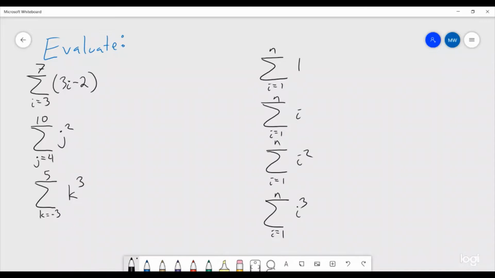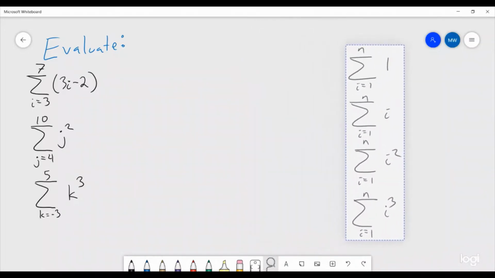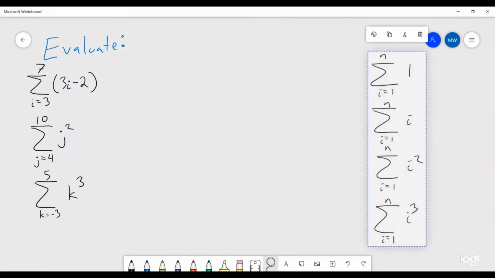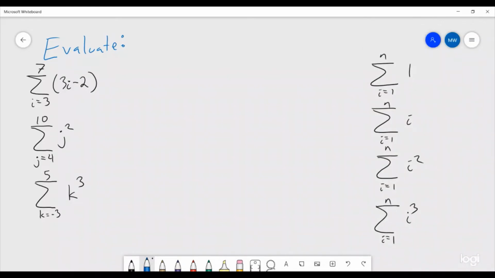Alright, I'm going to start with these last 4, because these are ones that hopefully you have memorized. If not, I highly recommend memorizing them right now before you take the test. Sum from i equals 1 to n of 1, that's n. Sum of i, that's n times (n plus 1) divided by 2.